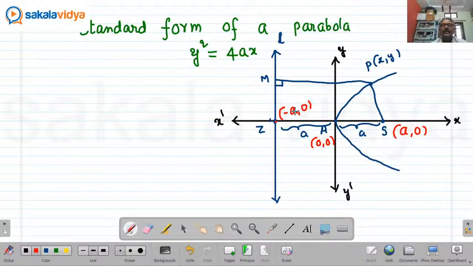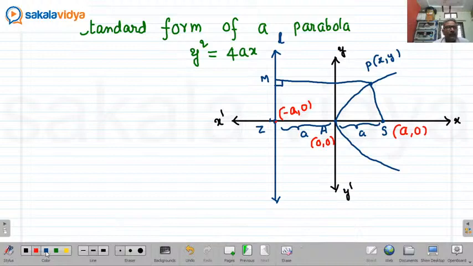So from this figure we can conclude the following points. First point, vertex.